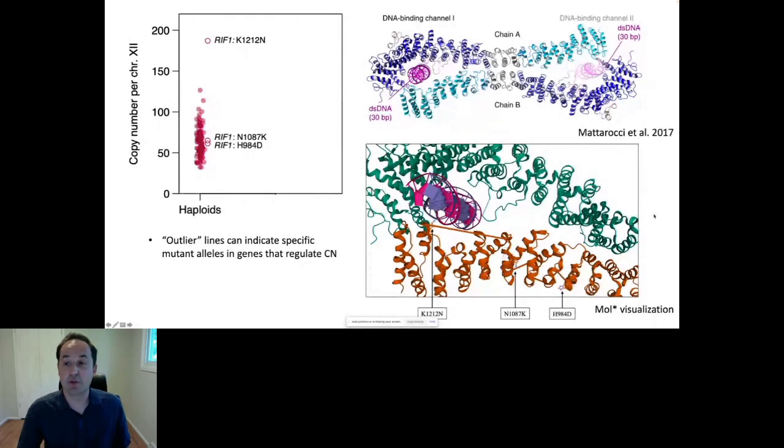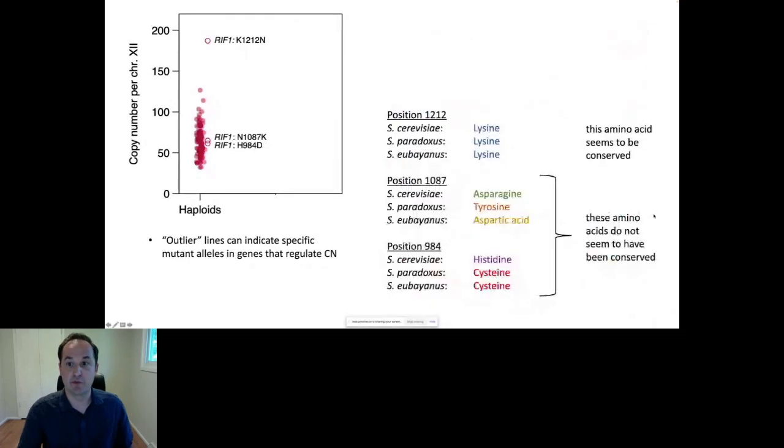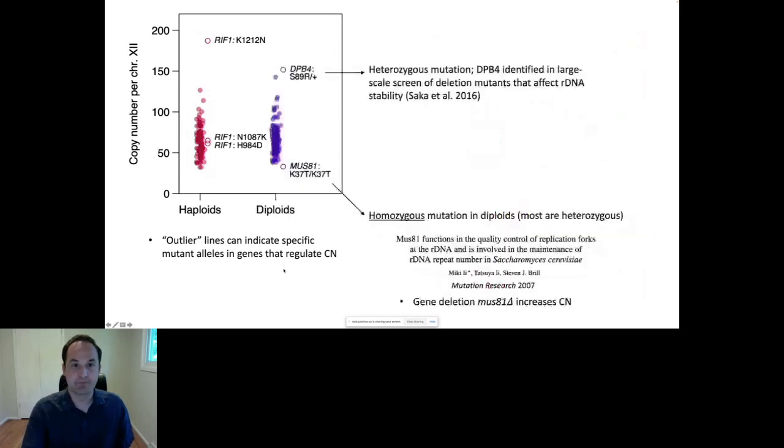So it's plausible that we have a difference here driven by the molecular structure. Similarly, position 1212 is conserved among several yeast species, whereas these other 2 positions show less conservation of the amino acid. Again, this would be consistent with this position being more important for function than these 2 other positions.